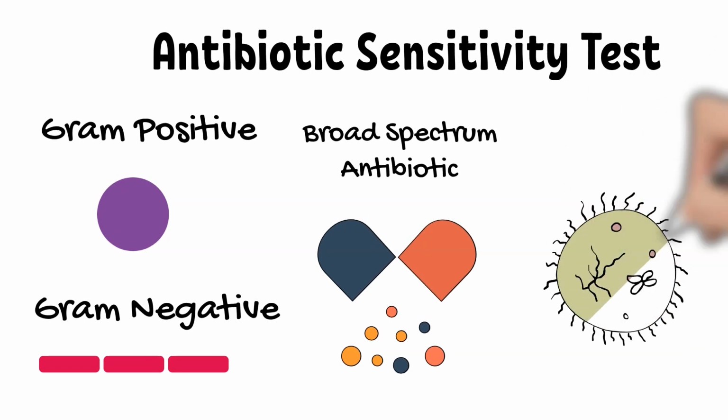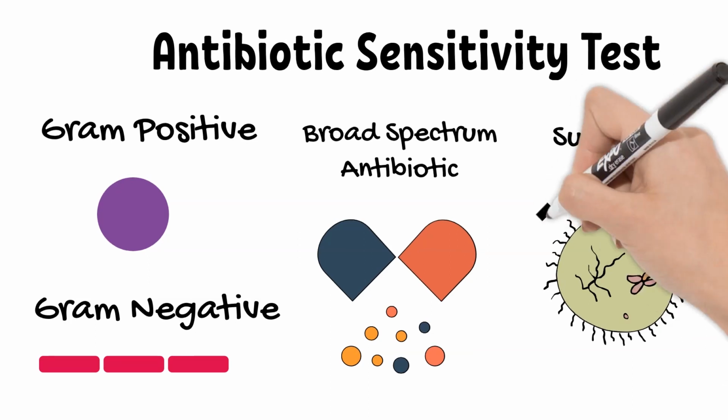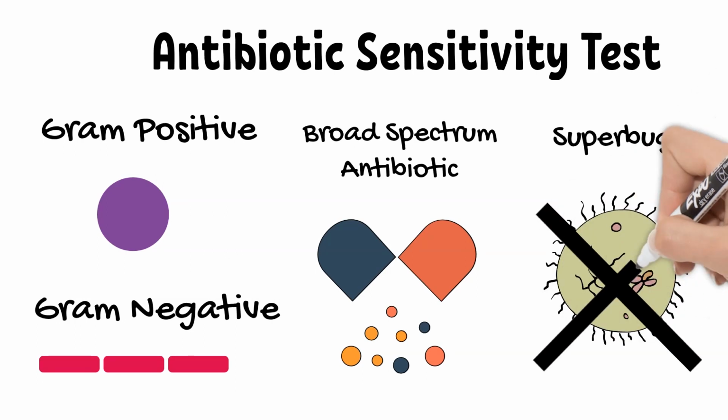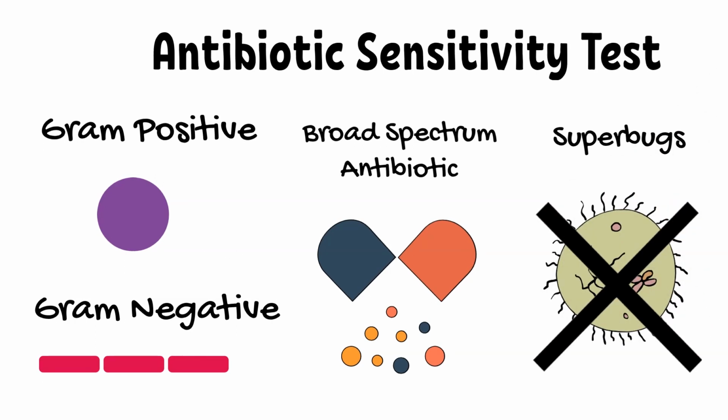Sometimes we refer to them as superbugs, and we will need a much stronger antibiotic to keep up with them. Eventually, we may not have anything to treat the infection. An antibiotic sensitivity test will tell us which antibiotic works and the doses needed to treat each infection.